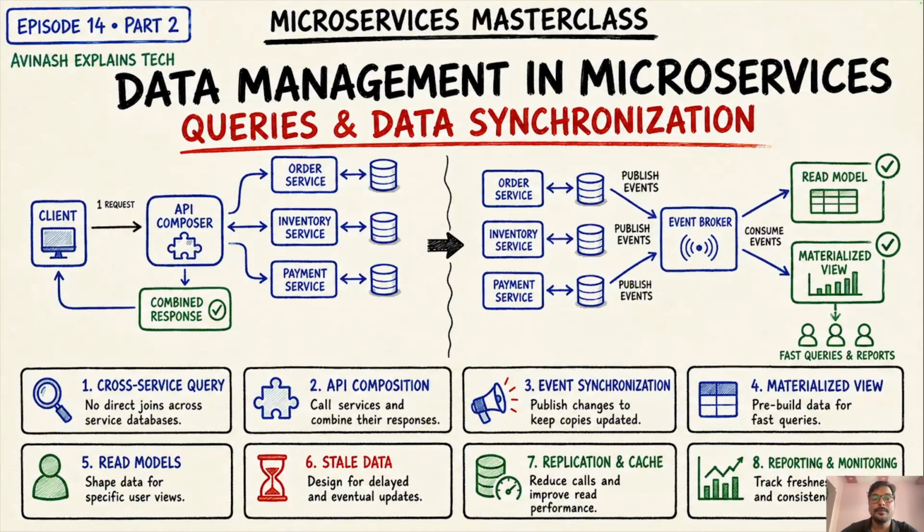API composition works well for simple queries, but it becomes expensive when many services or large data sets are involved. For those situations, event-based synchronization can be a better solution. Now look at the right side of the diagram.